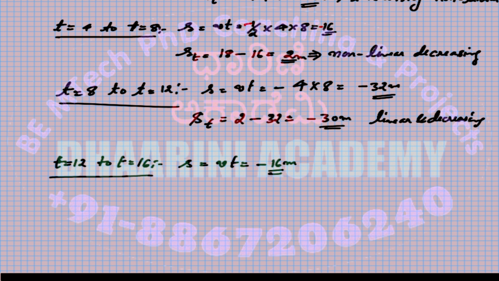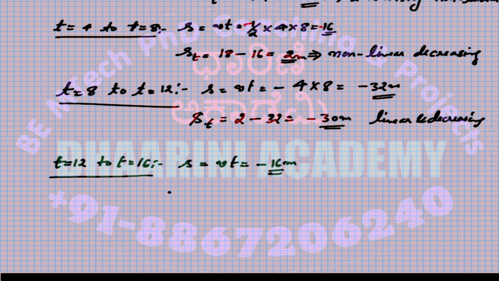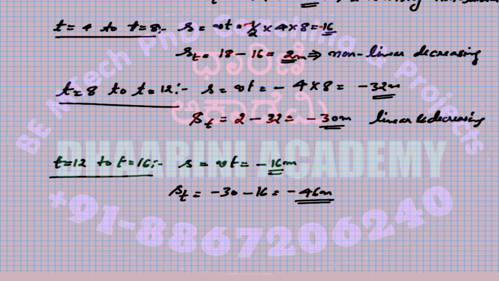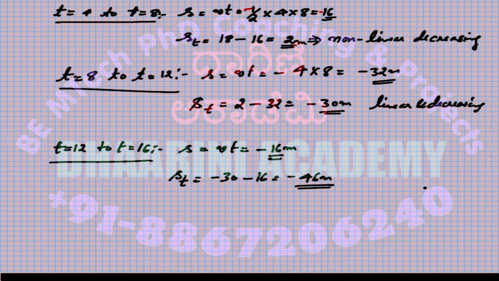Okay, and we will note that the total ST is equal to minus 30 minus 16, that is minus 46 meters from the origin. Origin is considered as the mean position. Okay, so we got this.